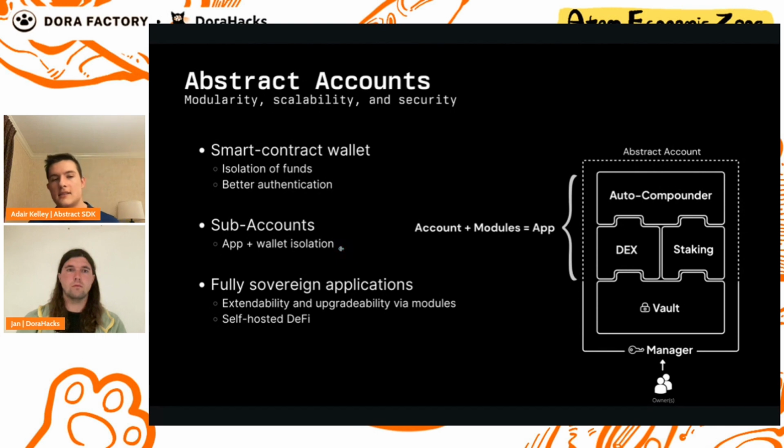And finally, this enables something that we call self-hosted DeFi, because users can take an application that would be traditionally hosted, like an auto-compounder, for example, Beefy Finance or 42 Finance. Those are both hosted applications. And when you build an auto-compounder on Abstract, as 42 Finance has, you can pull that auto-compounder into your own infrastructure and be in complete control of all of the upgrades and the management of those smart contracts.